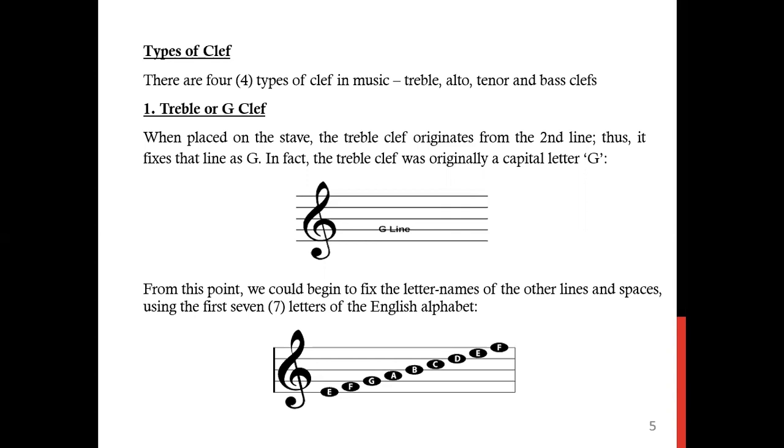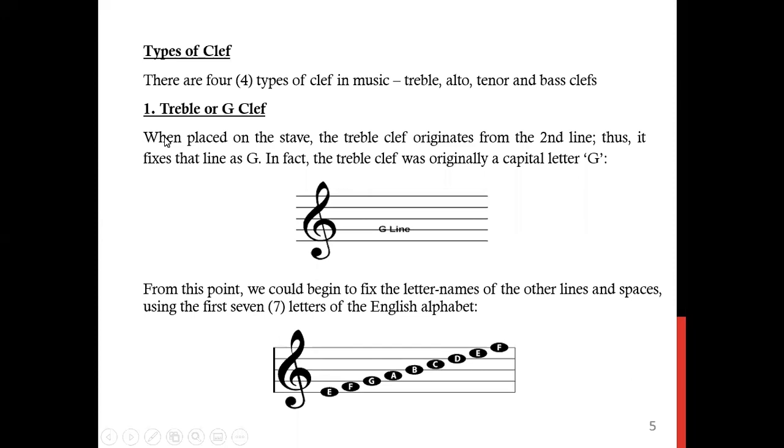So it's either the G clef or the F clef, or you can call it the treble clef or the bass clef. Those are the most common, but we actually have 4 types: the treble, the alto, the tenor, and the bass clefs.